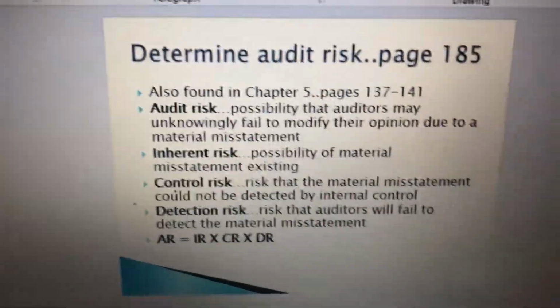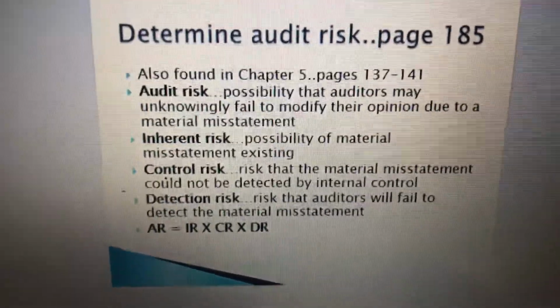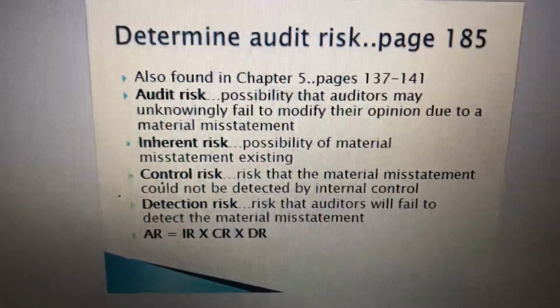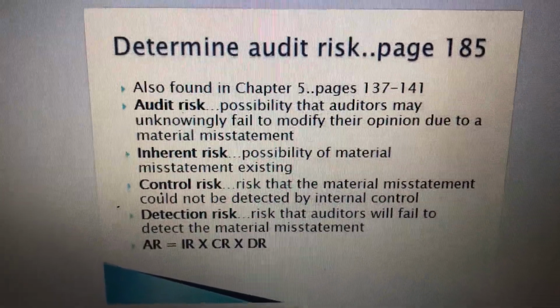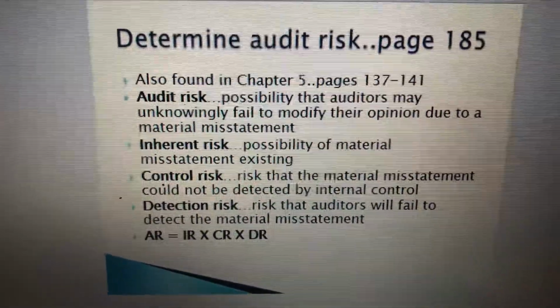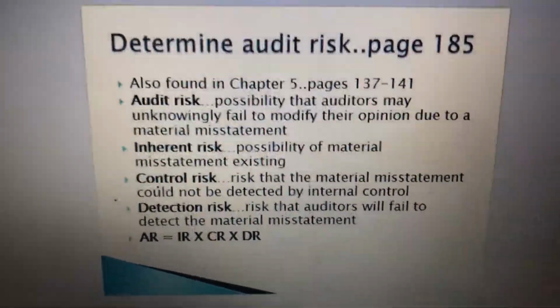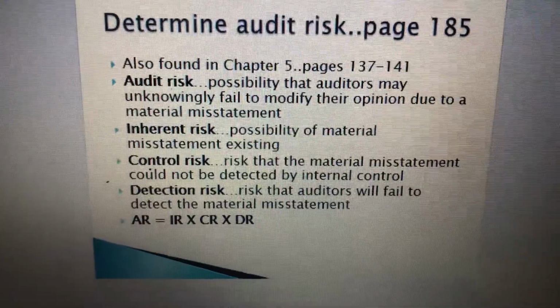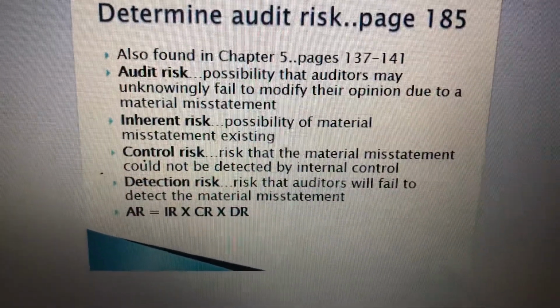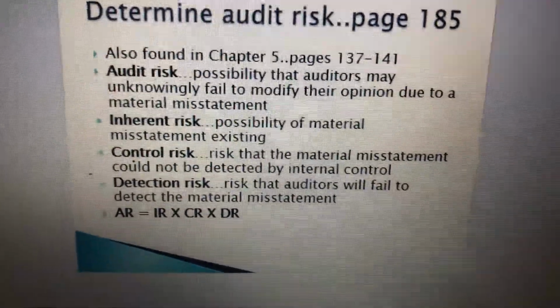Overall, total risk would be the combination of inherent risk, meaning there's a possibility that there's a material misstatement and we didn't catch it. It's just there. Now, because we have internal controls, those controls should catch some of the problems here.